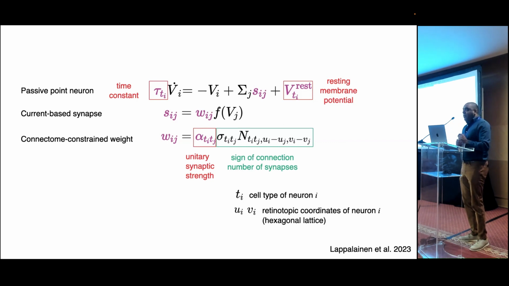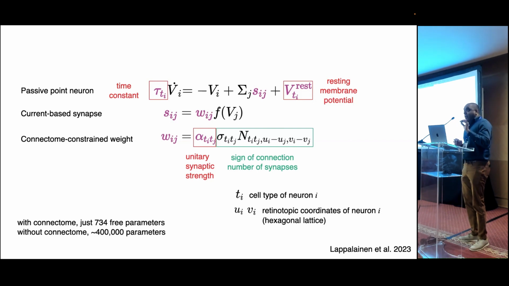And all of these parameters depend only on the cell type and not on the individual neurons themselves. That's because we believe that these are properties that have to do with their transcriptome, and so perhaps all neurons of the same cell type share those properties.